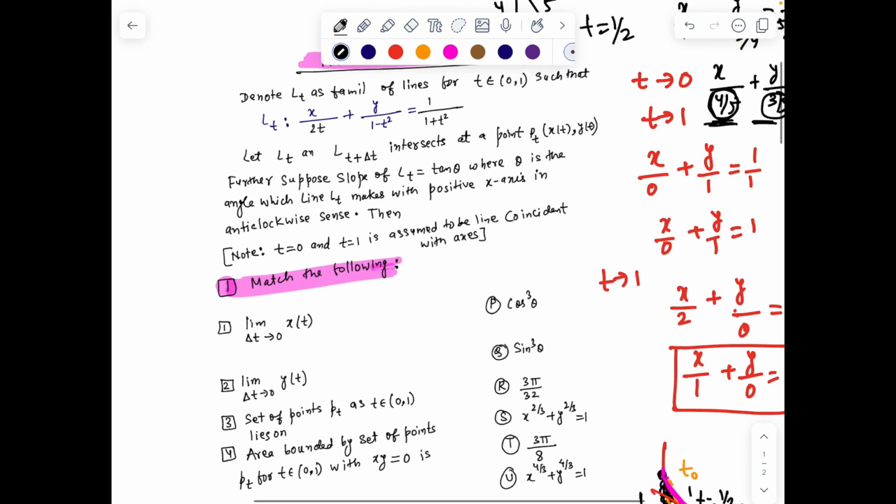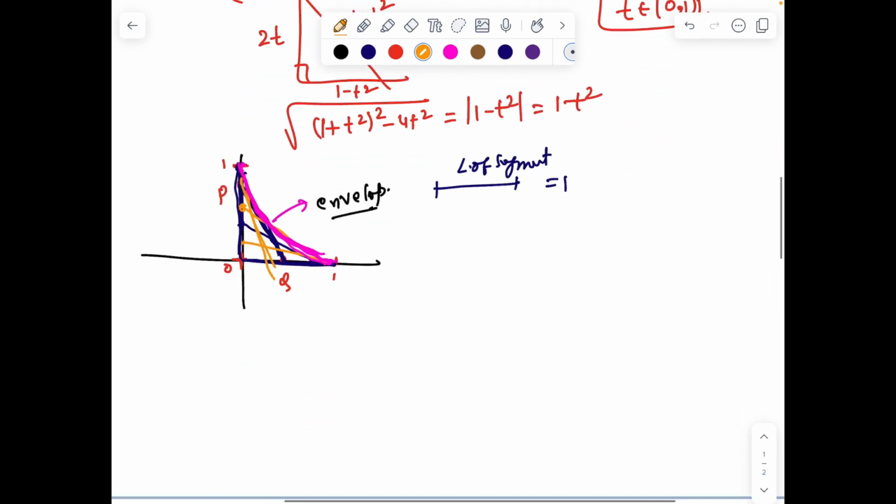Now see what the problem is saying: let LT and LT plus delta T intersect at a point PT. Suppose I take a line LT over here corresponding to T, and let's say it makes an angle theta.